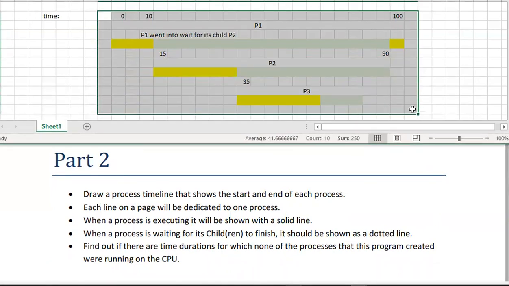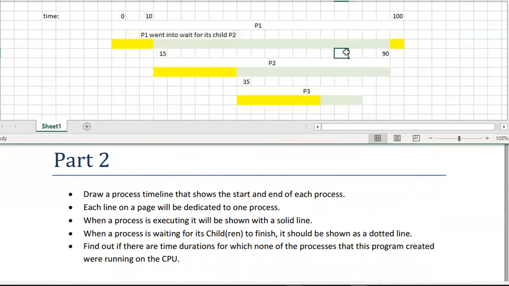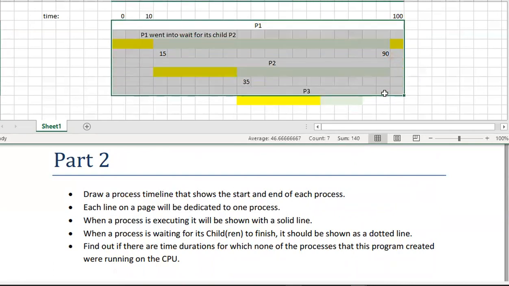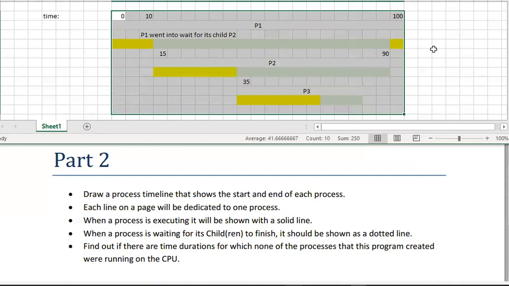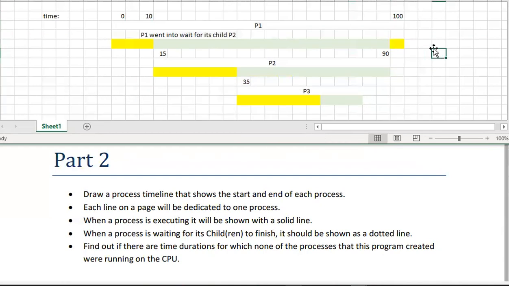And my hope is that we will get some time durations which are not accounted for at all. Those are the times which go to background processes which don't belong to us because of CPU scheduling. You should find this discrepancy when you draw this graph. So that is my objective, that you should be able to find a problem with the graph.